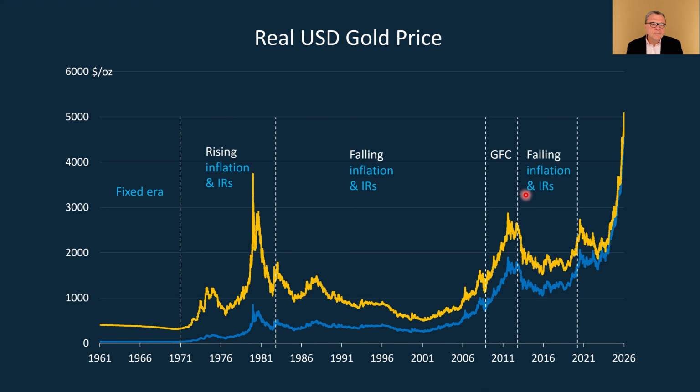But then after the GFC and before COVID, we had a period of falling inflation and the gold price was relatively flat. Then COVID was its own thing, and now we're in a period of rising expected inflation. And again, the gold price is surging. So rising inflation, rising gold, falling inflation, falling gold, falling inflation, flat gold, rising inflation expectations, and rising gold.